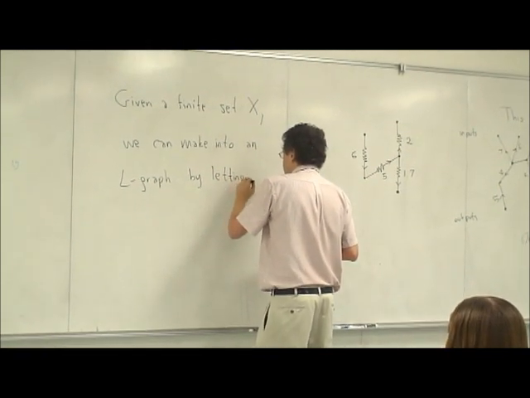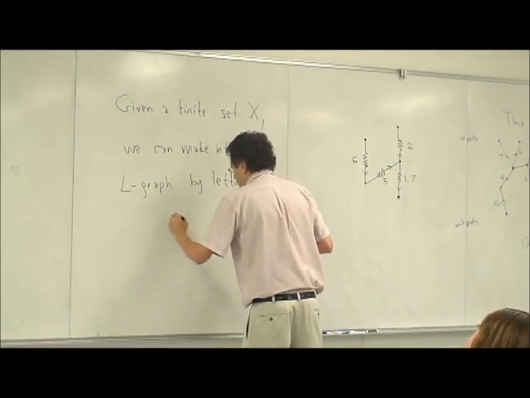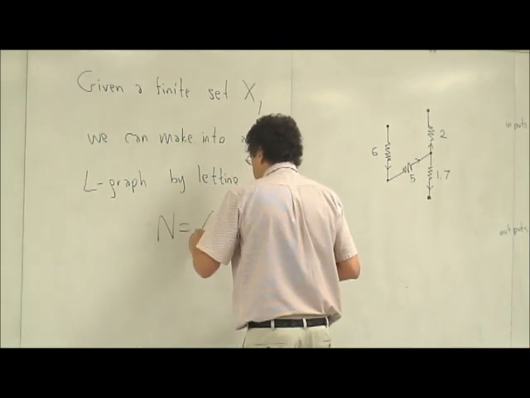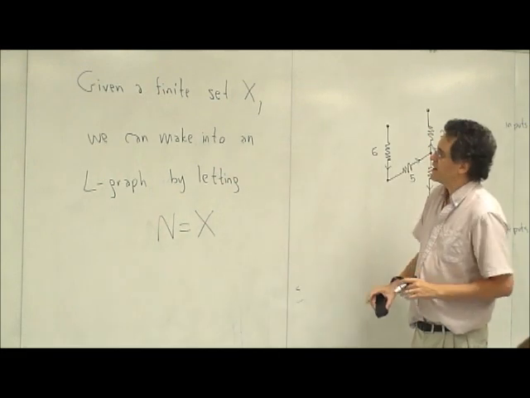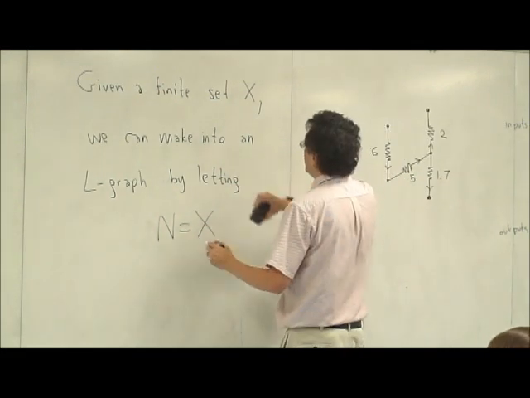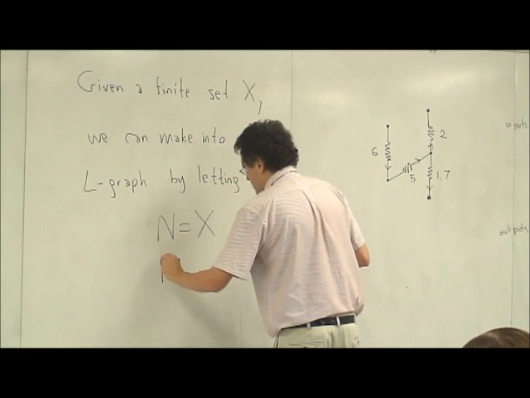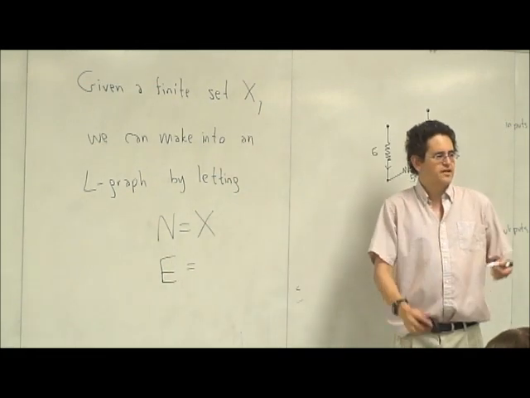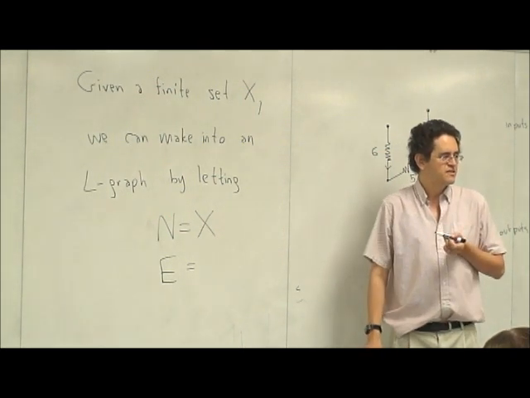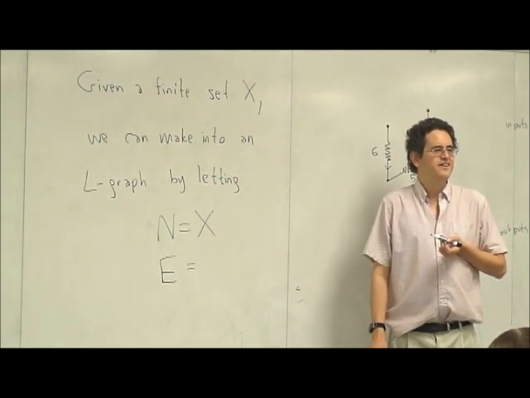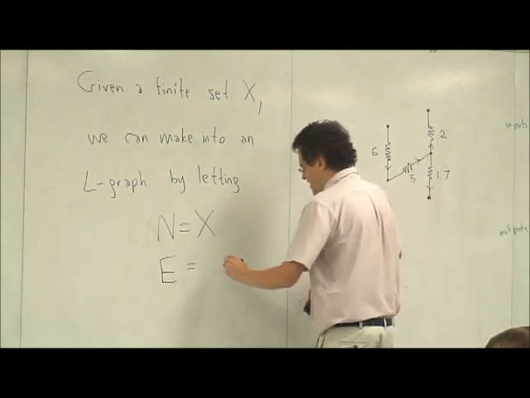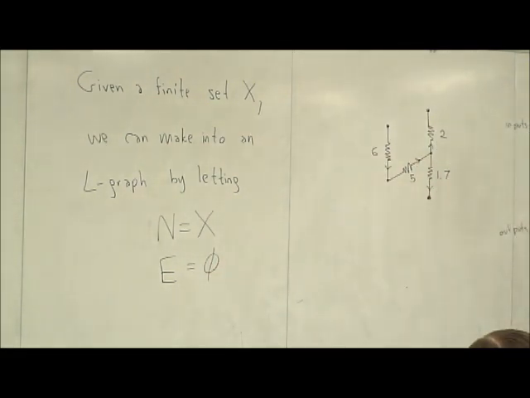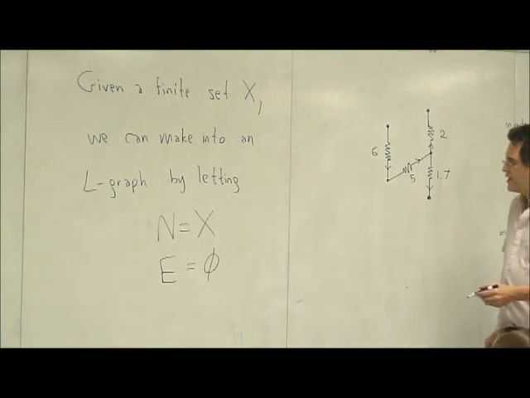The way we do that is we let that set X be the set of nodes. So we make a graph that has X as our set of nodes, but that's all we've got. We've only got that set X. So what am I going to have the set of edges be? Someone tell me, what could we do? Empty set. Sorry? Empty set. The empty set, my favorite set. Yeah, so we'll have no edges at all. So this is the kind of thing we're seeing here, a graph with no edges at all.